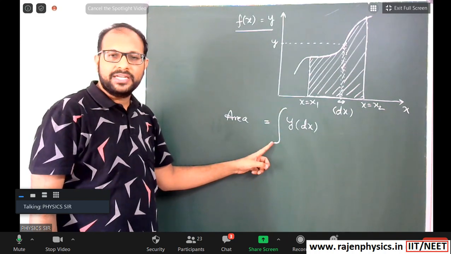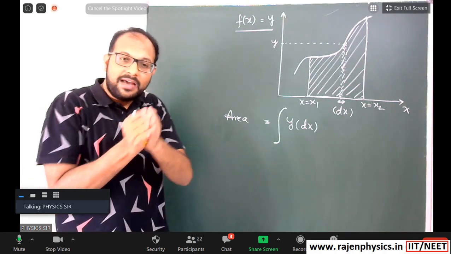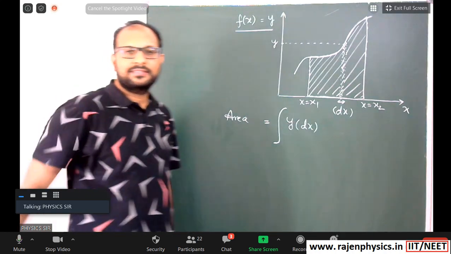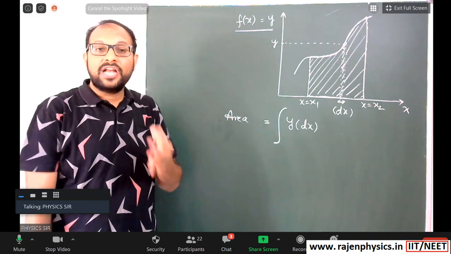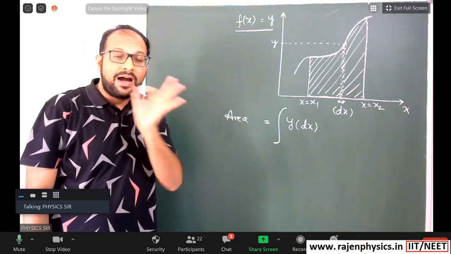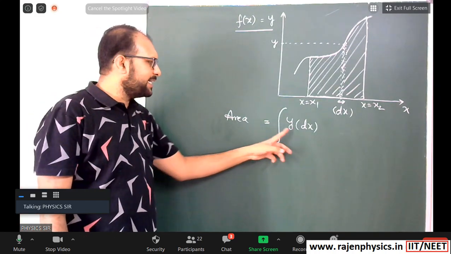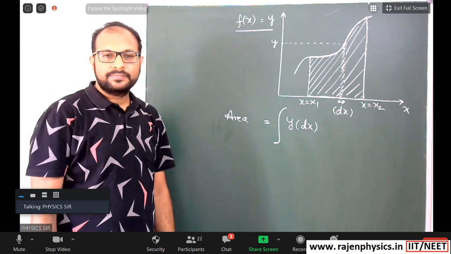Integral means summation, but not for discontinuous quantities. All these areas are continuous. So for the addition of all those continuous small fractional values, all the areas, we need integration. That is the integration, integral y dx.